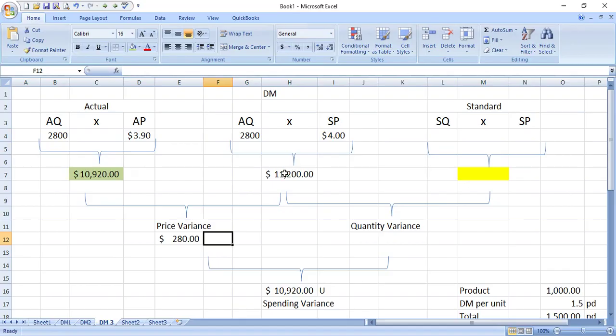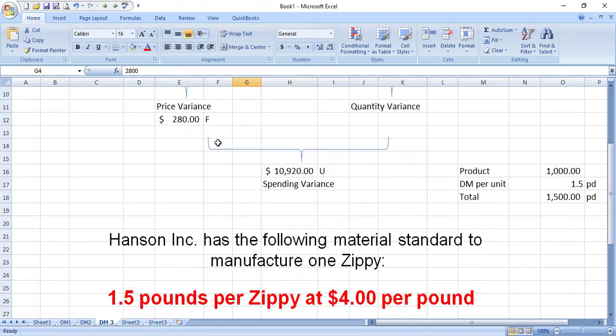Overspending. So watch this. I'm supposed to spend $11,200. Oh, sorry, underspending. I'm underspending. So is that favorable or unfavorable? Favorable. Okay, so I have a price variance of 280 favorable. But that's because I'm purchasing 2,800 pounds of material.